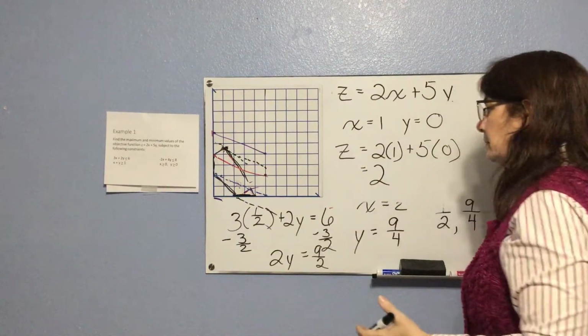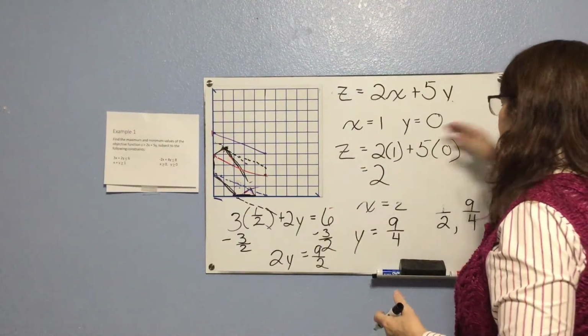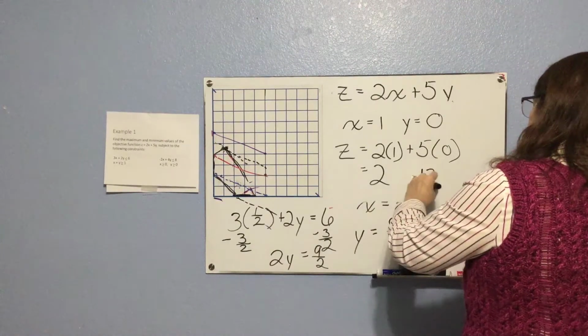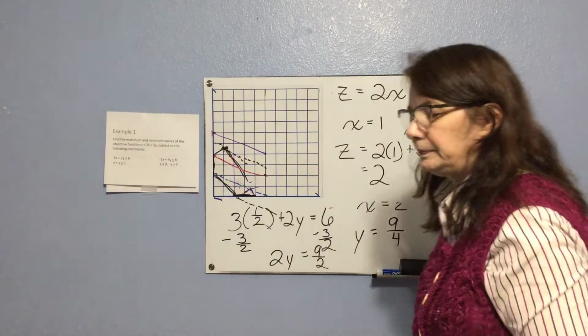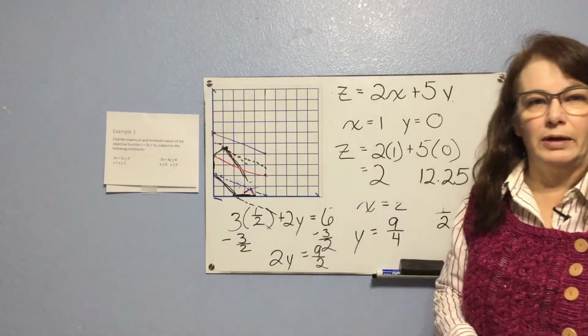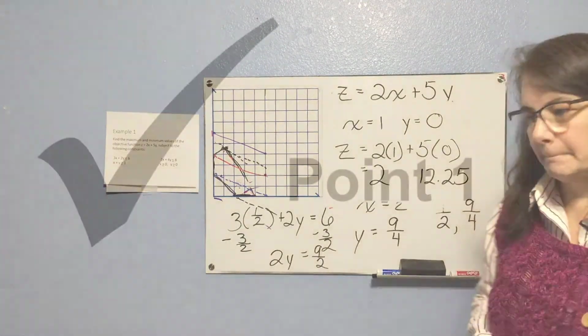So my possible values for z are from 2 to 12.25. Pause the video now and work on checkpoint 1.